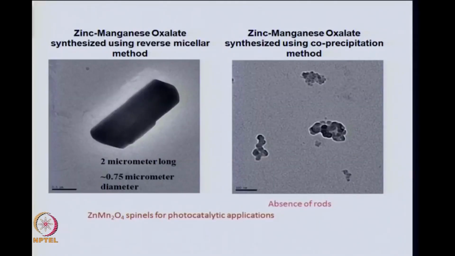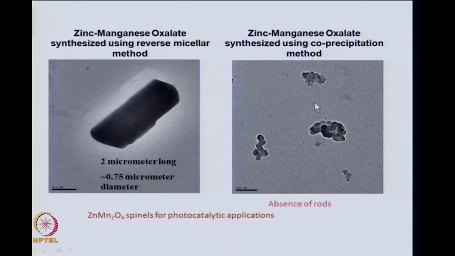Now, to give you an example that the microemulsion is important for the nanorod formation, here we show on the left panel a nanorod whose length is several microns, maybe 4 or 5 microns, and the diameter may be around 300-400 nanometers or maybe larger, and this submicron sized crystal is of zinc manganese oxalate, which has been synthesized using reverse micelles, that is using microemulsions.